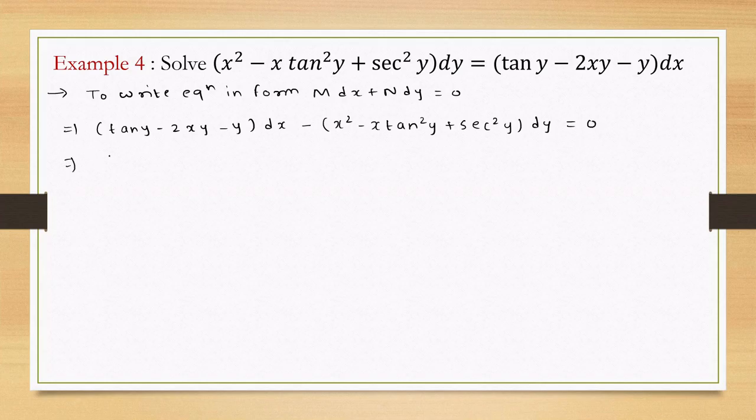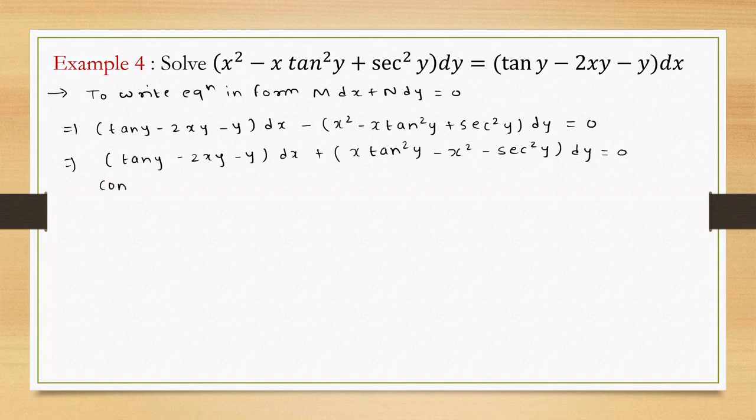We can write it as tan y as it is minus 2xy minus y dx. Now plus, if you multiply the minus sign inside, then it is x tan square y, because minus minus is plus, and then minus x square and minus sec square y dy is equal to 0.